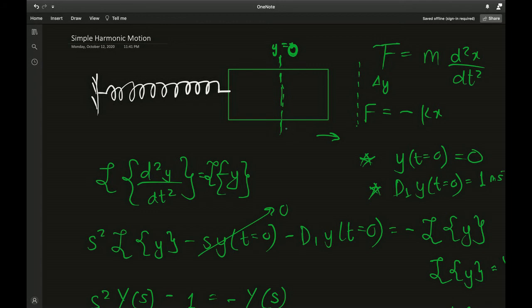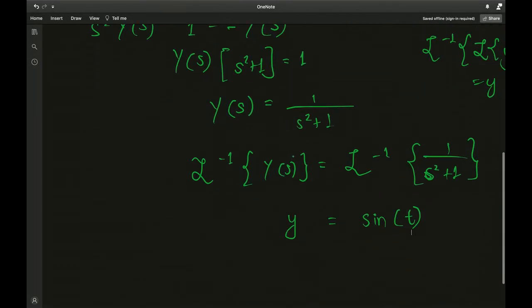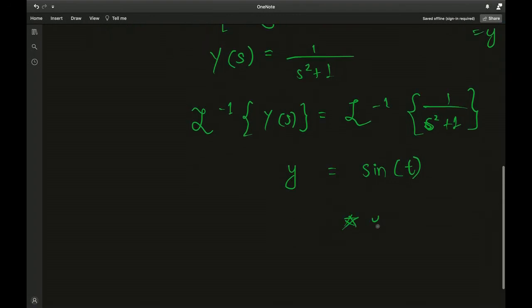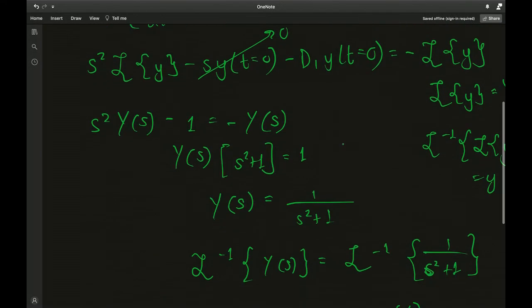Now if we just modify our constraints a little bit, say the displacement at time t equals 0 is L, because now we want to measure from this second reference point.